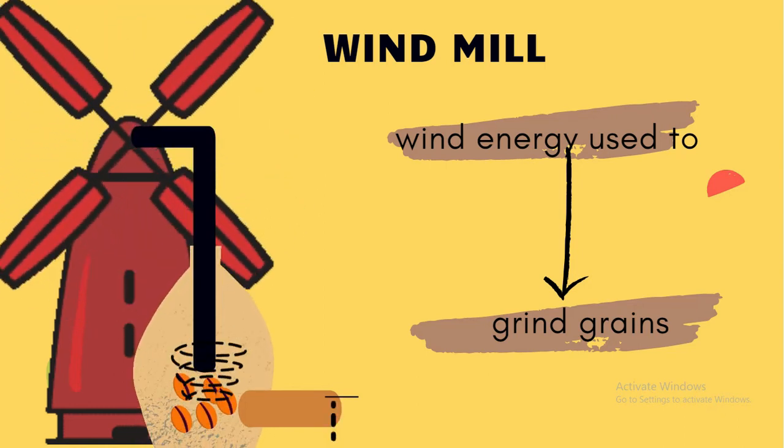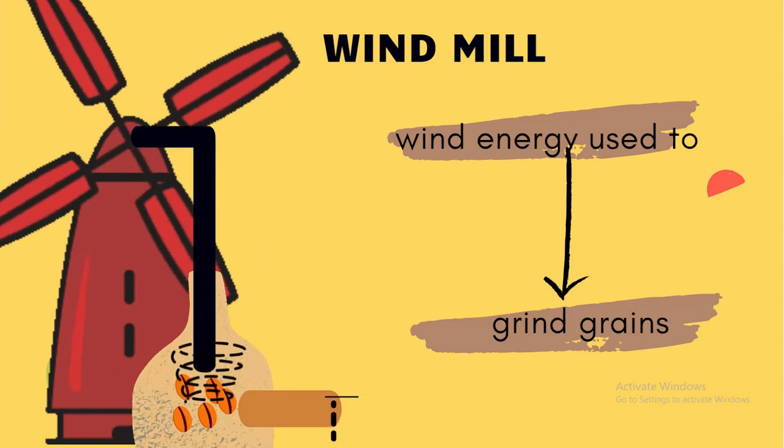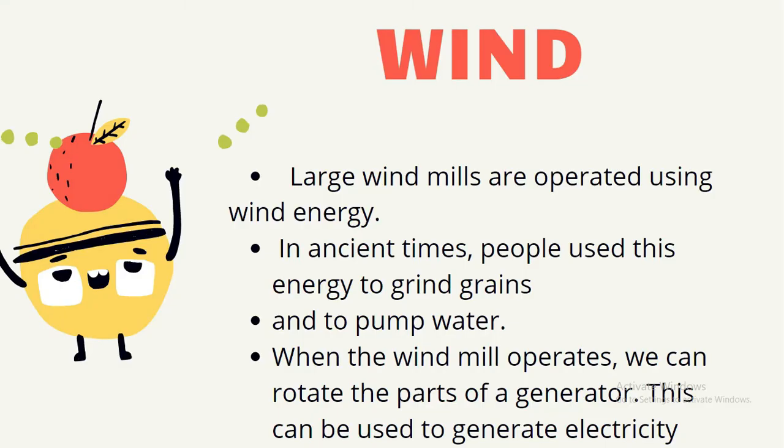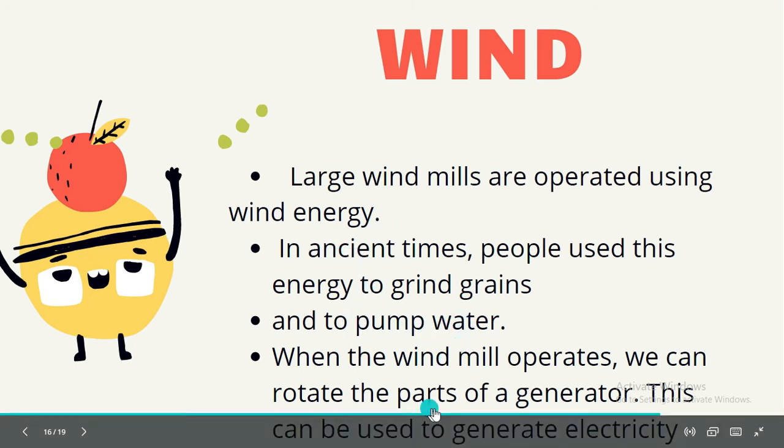Okay, children. Now you know what the applications of wind are. Large windmills were used to operate using wind energy, and to grind grains, to pump water, and to produce electricity. There are various applications of wind energy.